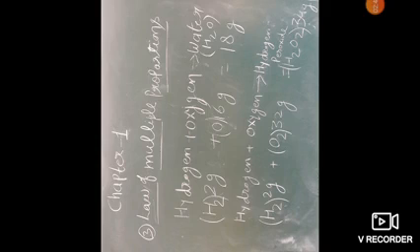Here the masses of oxygen, 16 and 32, combine with a fixed mass of 2 gram of hydrogen, in a simple ratio. 16:32, when converted into simplest form, is 1:2.